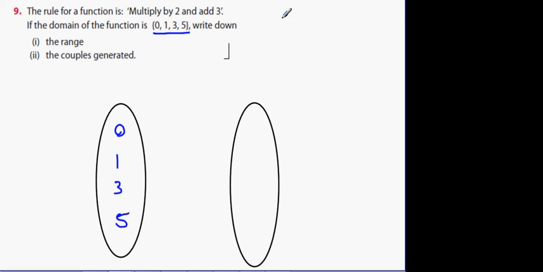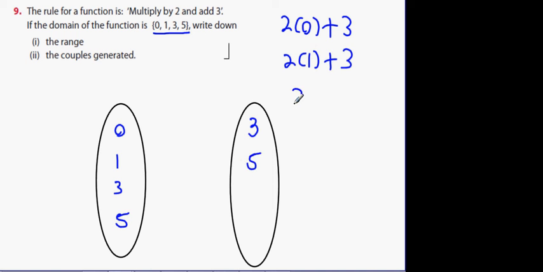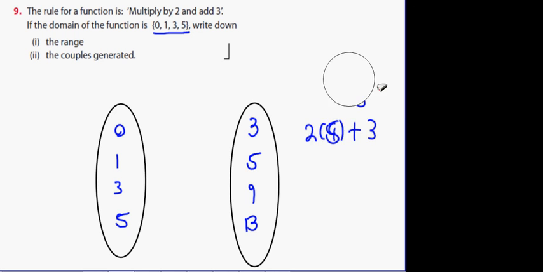Okay, multiply 0 by 2 and add 3. What do we get? 3. Multiply 1 by 2 and add 3. 5. 2 multiplied by 3 add 3. Oh sorry, 2 multiplied by 4 add 3, it's 9. 2 multiplied by 5 add 3. 13. Okay. What happens next?